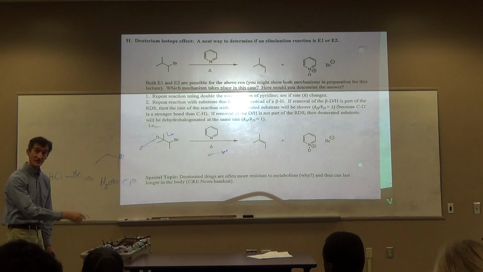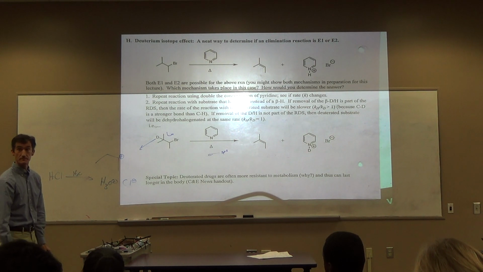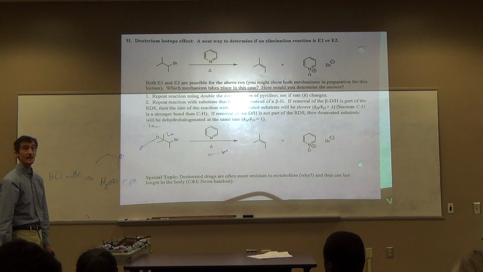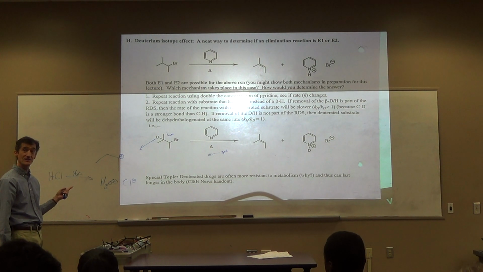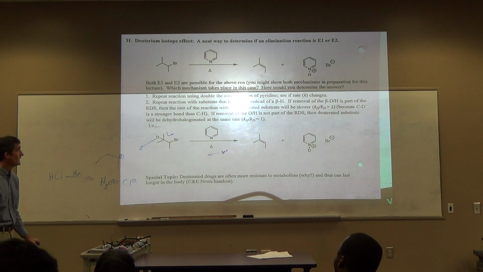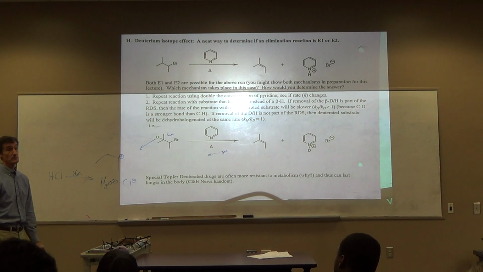If it's E1, you're wasting your money adding more pyridine. And if you're wasting the company's money, they're not going to like it. They're going to say, did you not first check and determine if it was E1 or E2? Why are you just wasting all this pyridine? Which, by the way, is also kind of toxic. So if you want to modify your reaction, it's good to know what the mechanism is.